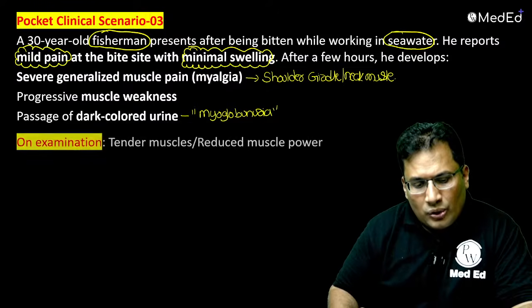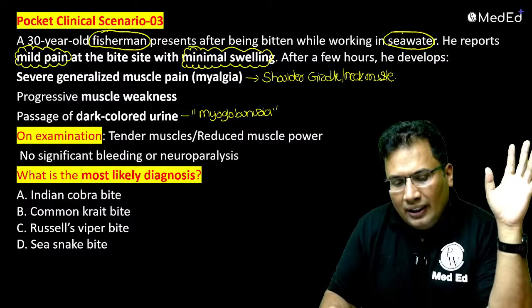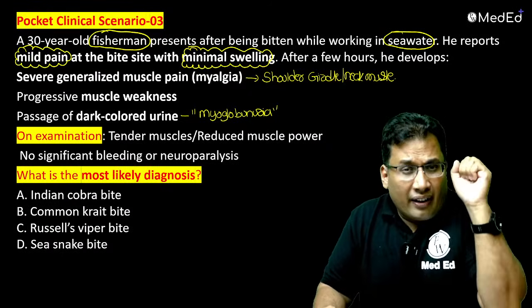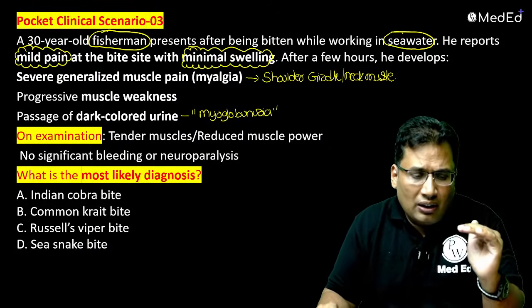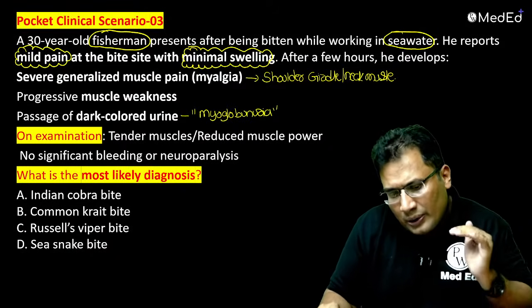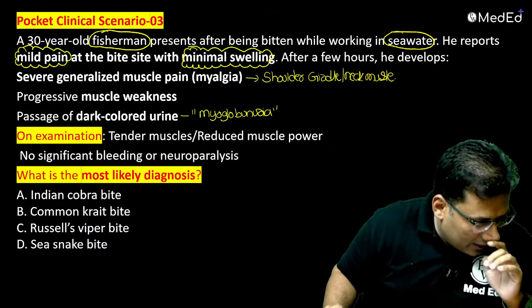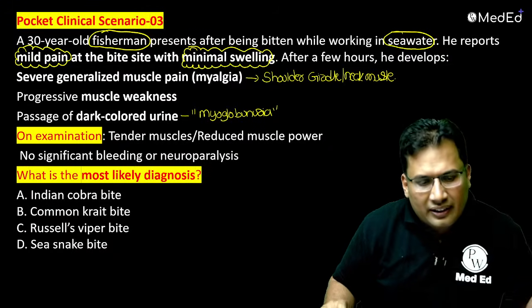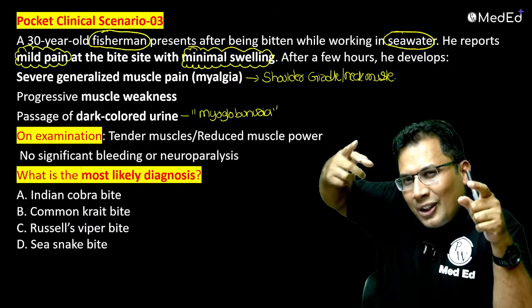Now, what is the most likely diagnosis? No significant bleeding, no neuroparalysis, the muscles are tender, reduced muscle power. Options are the same: Indian cobra, common krait, Russell viper, sea snake. So now it is your turn to answer. Come on guys, try. Scenario 1 we discussed, scenario 2 that is viper, now scenario 3.